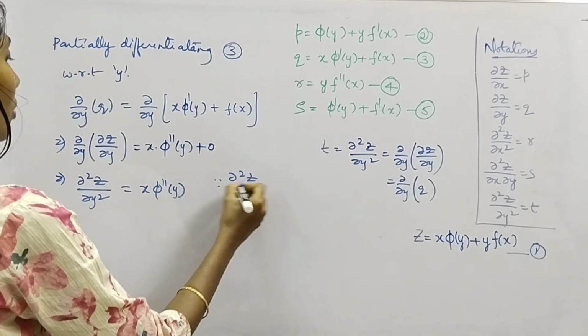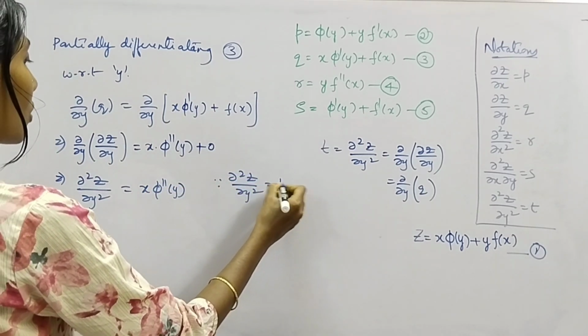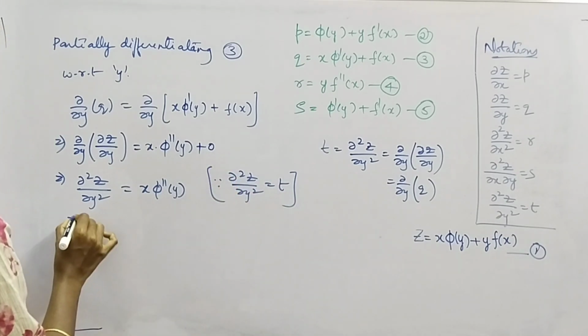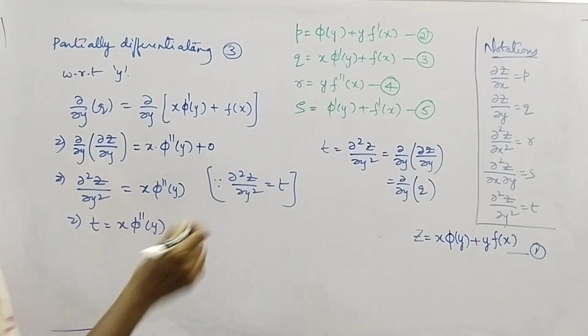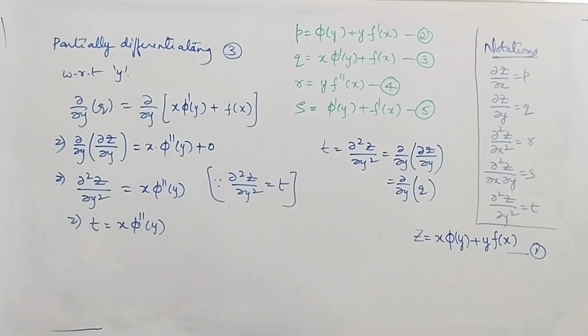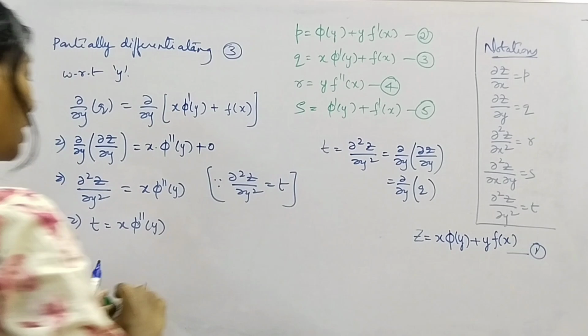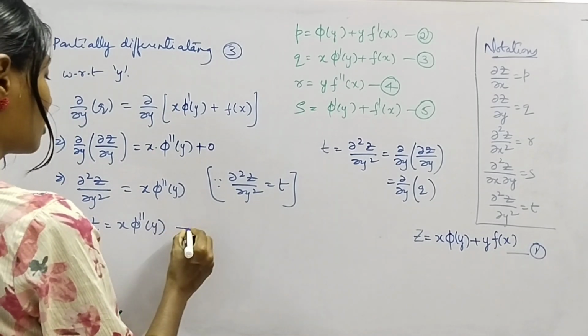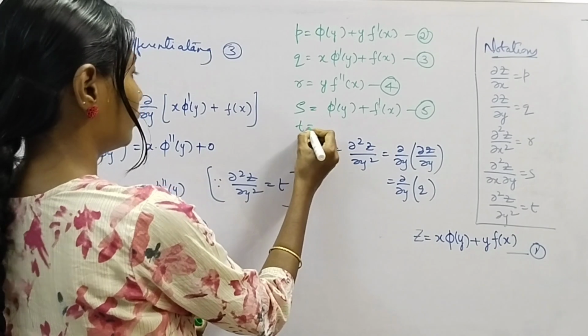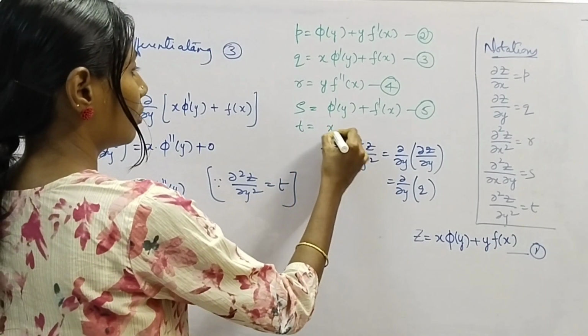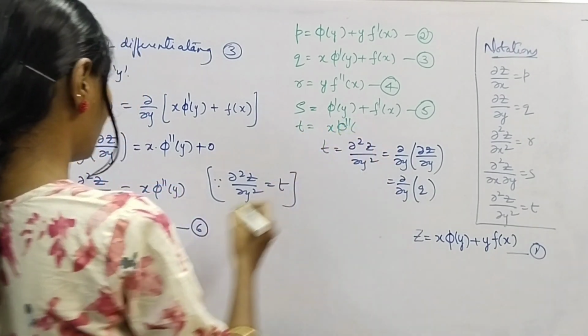Since dou square z by dou y square equals t, this gives us t equal to x into phi double dash of y. Consider it as equation number 6.